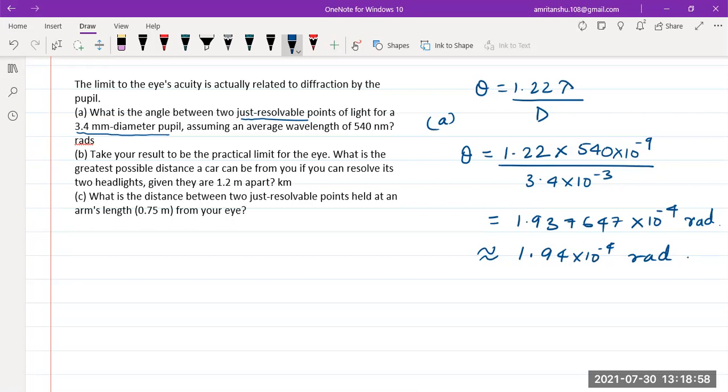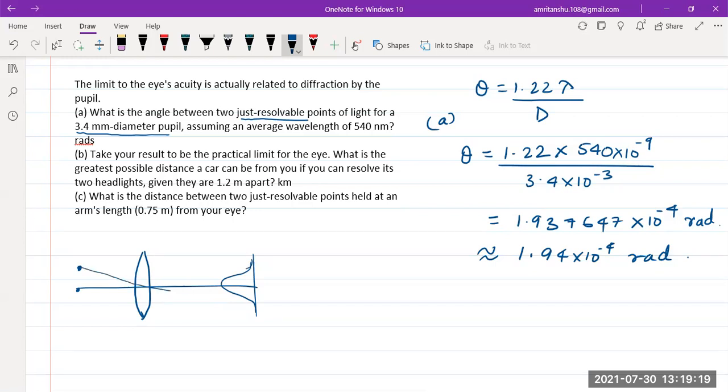Now let's see what's happening over here. Again the same thing is happening here. We are supposed to find, let's say these are two light sources, and one is getting diffracted over here, and one has some diffraction pattern forming over here.